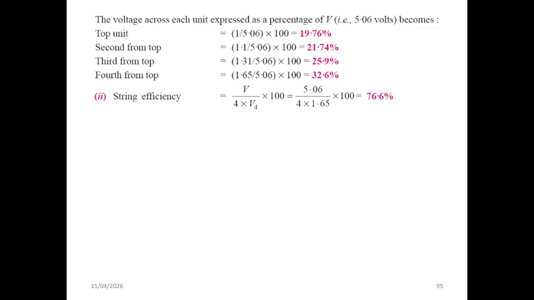So the percentage voltage across each unit can be calculated by dividing the voltage of each unit by the total voltage and multiplying by 100. And finally we have a total voltage and the maximum voltage, and the number of strings is equal to 4.